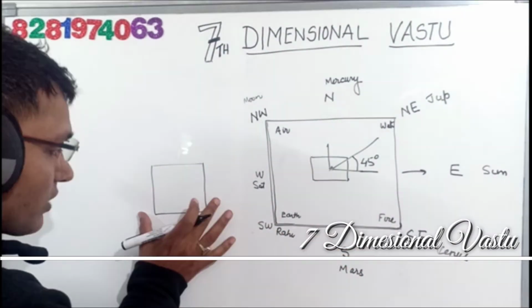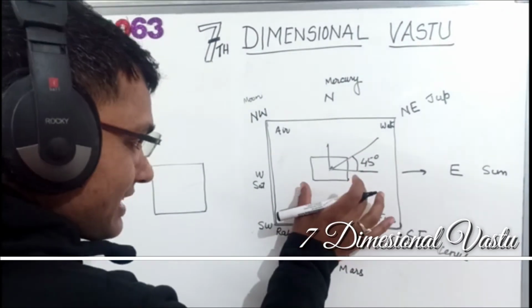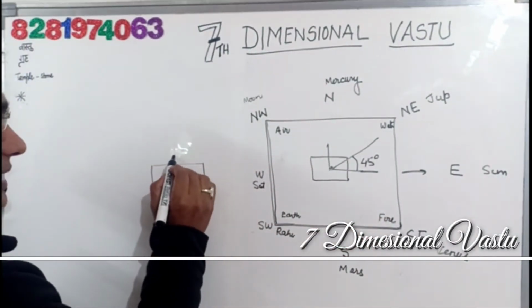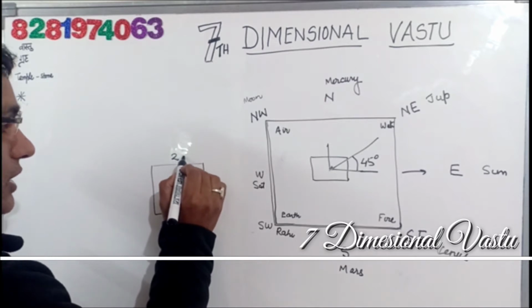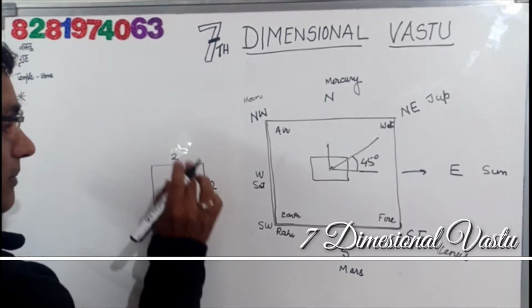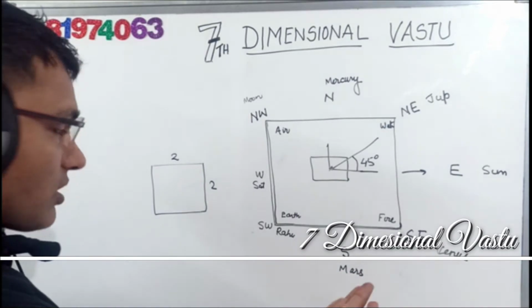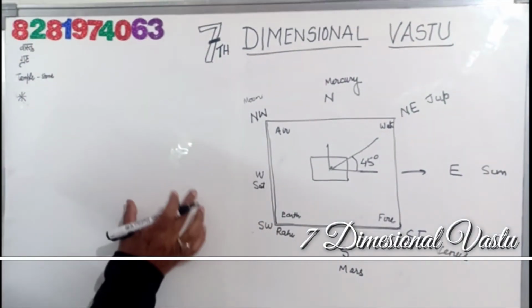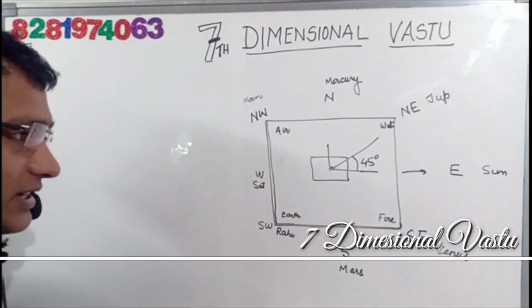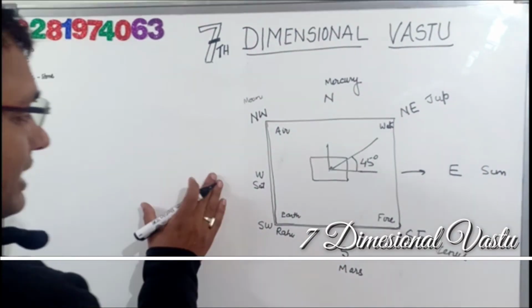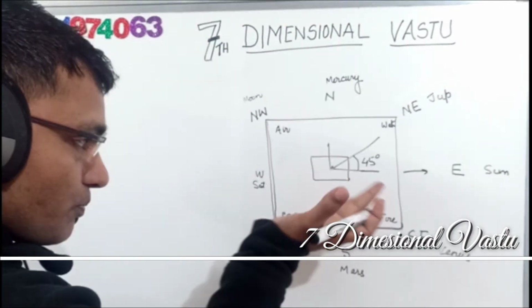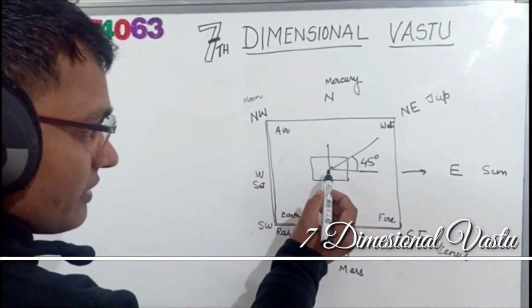You can make the surface 2 by 2 or at least 1 by 1, as per your device. Some devices are small, so you can make just 1 by 1 feet. If the device is big, you can make the space big. After that, you place the device and you will find out the direction.